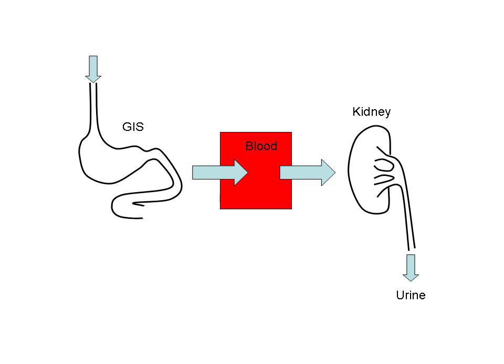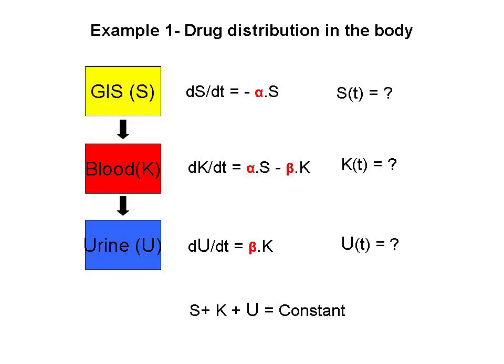So, what will be the concentration changes in these compartments after you take the medicine or the drug? You can use exactly the same model which we use to explain the dynamic of the epidemic, the SIR model, and relabel the compartments.